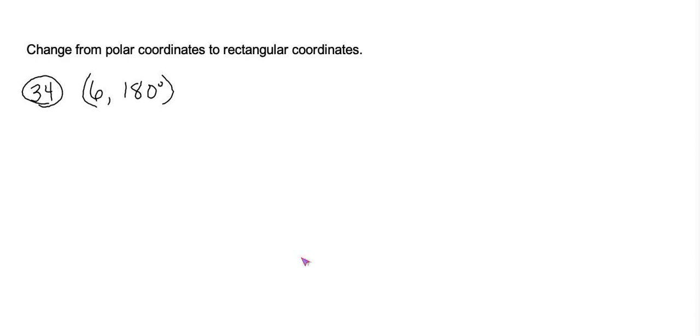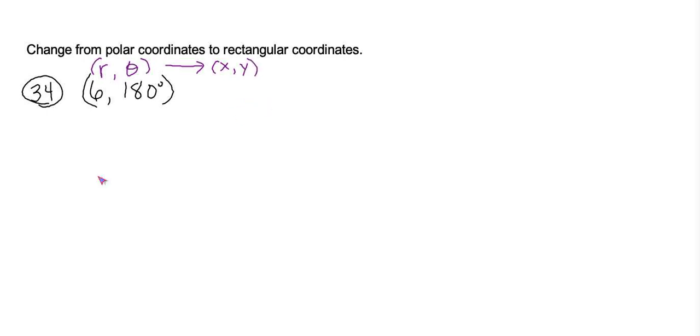Now we're going to look at an example where we change from polar coordinates to rectangular coordinates. In the previous video, we talked about how to do that. So remember, this is in the form r theta. So we want to change it into rectangular coordinates, which would be in the form x, y.